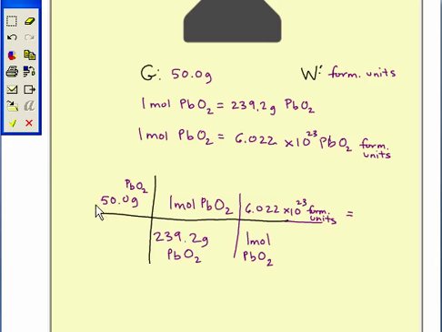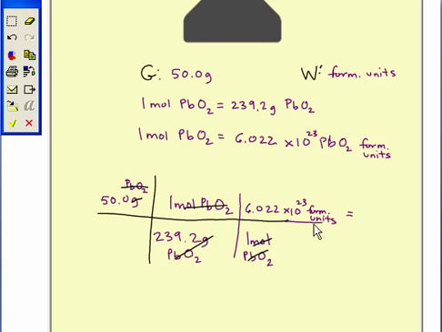So let's look at the setup. I'm given 50 grams, so grams must go down here to cancel out. And that's where we use our molar mass. So our grams of lead oxide cancel out. Now I have moles of lead-4 oxide up here, so I need moles of lead oxide down here for those to cancel out.